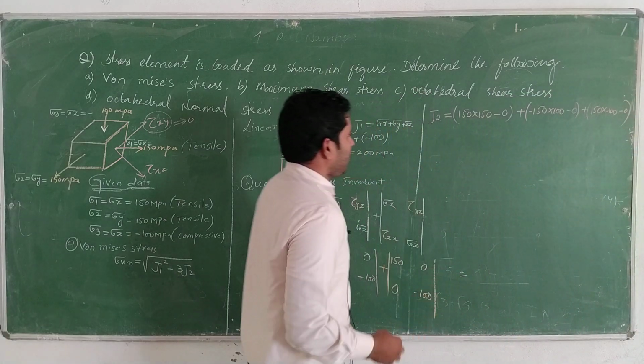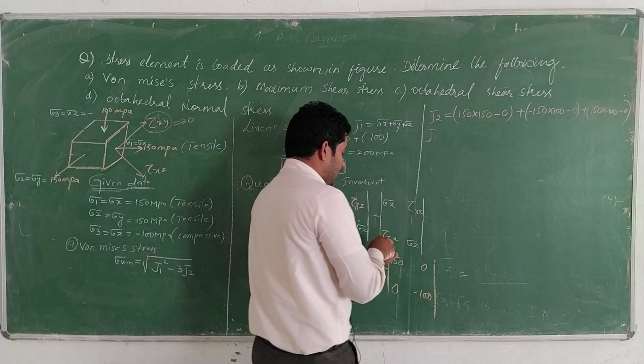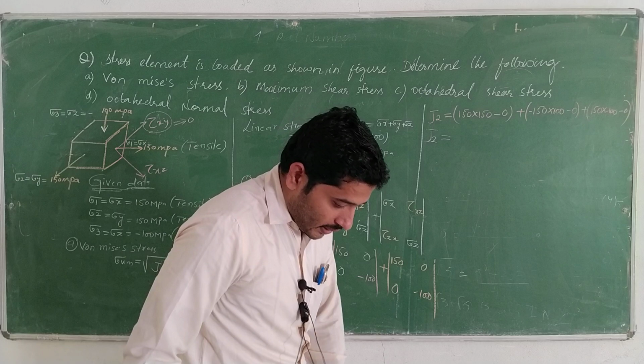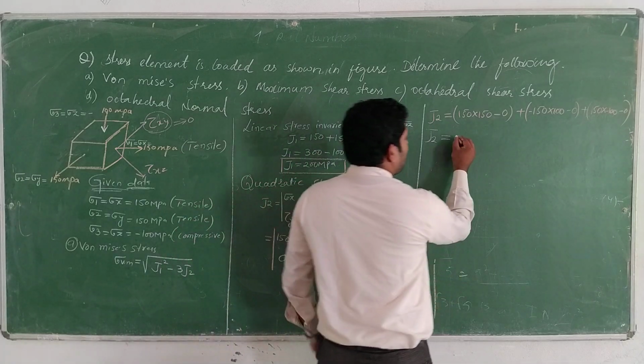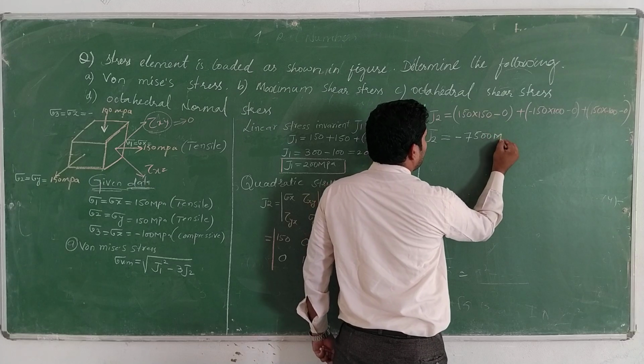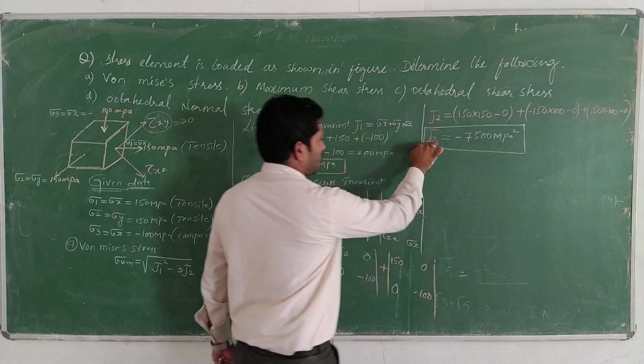Okay dear, then if you calculate this value, I am getting the answer: J2 is equal to minus 7500 megapascal whole square.